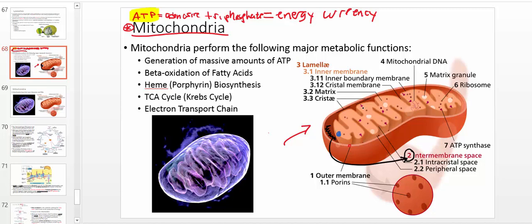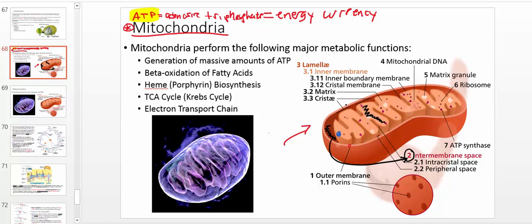Now, there's actually space within the inner membrane itself, okay? So all this space that's in here is actually confined within the walls of the inner membrane. And so there's also various processes that take place inside there, as we'll find things like beta oxidation and the TCA cycle occur there as well. Okay?